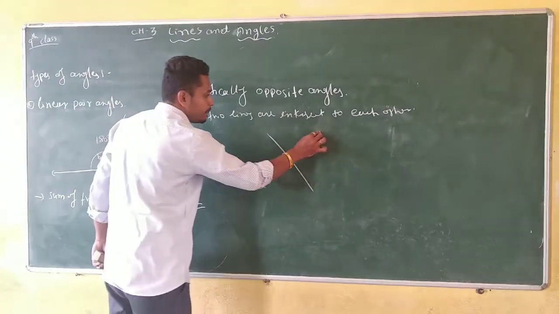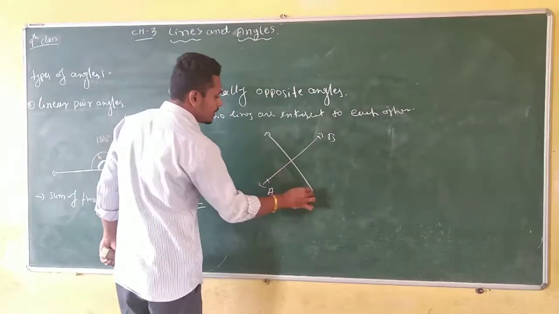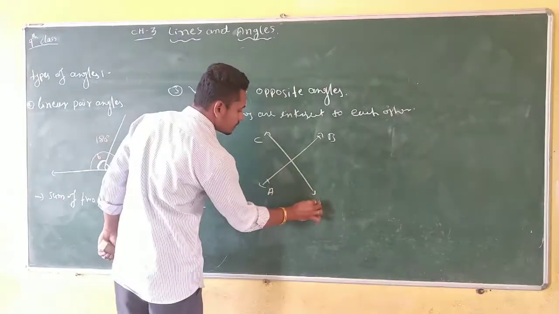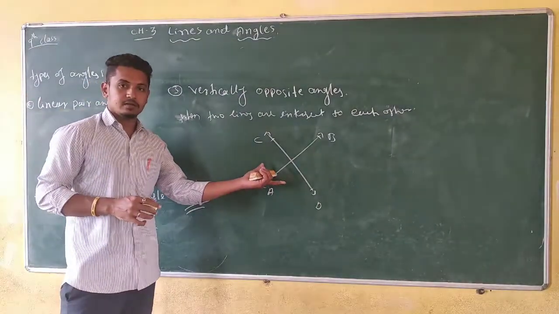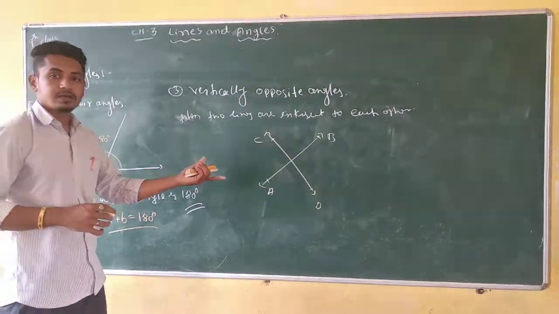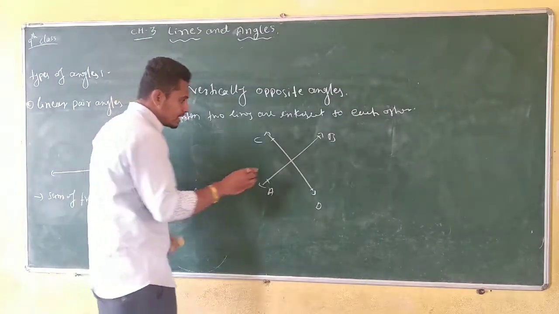This is line AB and this is line CD. These two lines are intersecting and make angles.